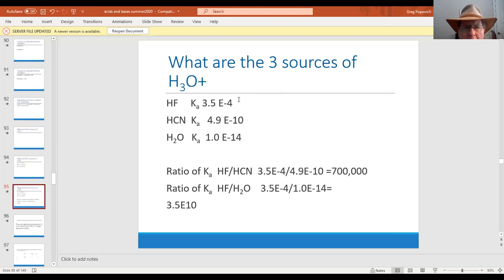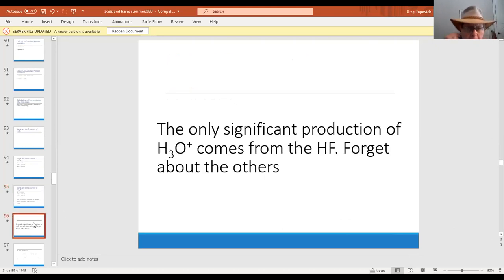The amount of H3O produced by HCN and H2O are insignificant when compared to the HF. If they are insignificant, ignore them. The only significant production of H3O plus comes from the HF. Forget about the others.